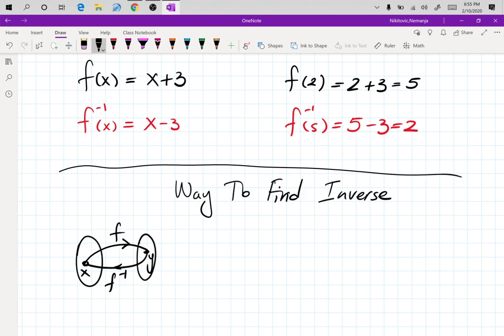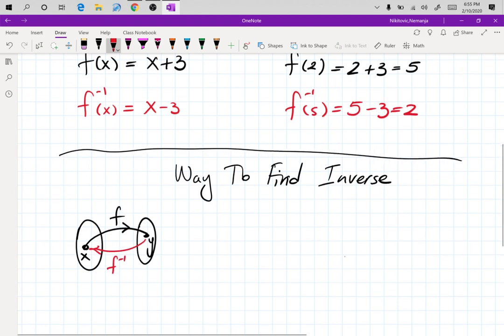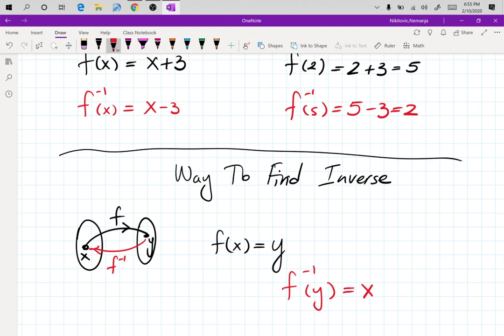See, you take an x value. I'm going to go red here. You take an x value and you say f of x equals y. And then you say that f inverse of y will give you an x.